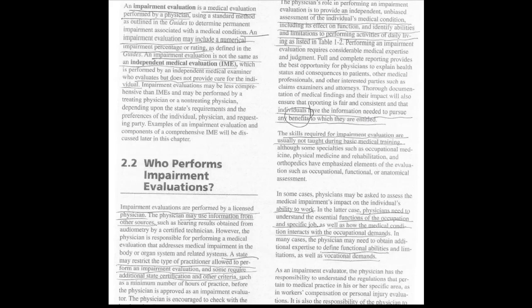Now, this becomes very important, and we'll go into detail that a vocational demand has to do with a disability, vocational meaning work. Defining functions in activities of daily living, that's an impairment. We'll go into greater detail on that shortly, but there are differences and you do need to be aware of them.